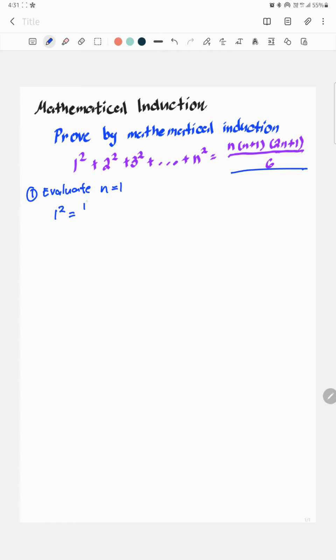So you have 1 times 1 plus 1 times 2 times 1 plus 1, all over 6. So this would be 1 times 2 times 3 over 6. Therefore, we have 6 over 6, or technically 1 is equal to 1. So that's now the first step.